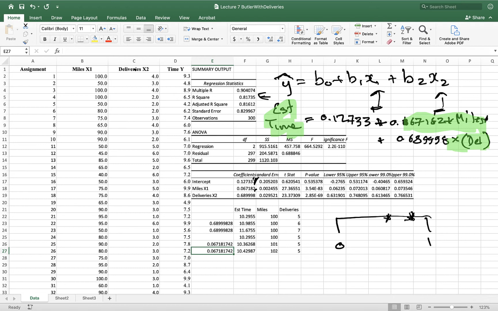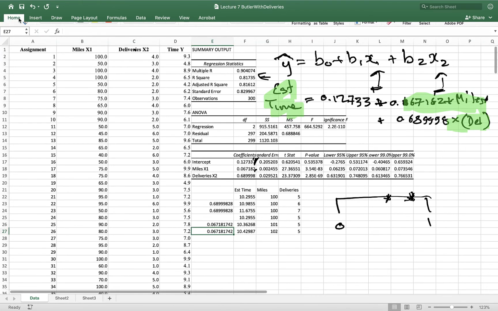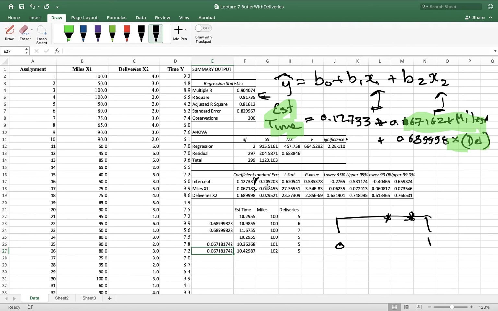It's pretty cool because we can actually find the p-values here. We can find the p-values for the miles and the deliveries. This is the p-value for miles, and below is the p-value for deliveries.